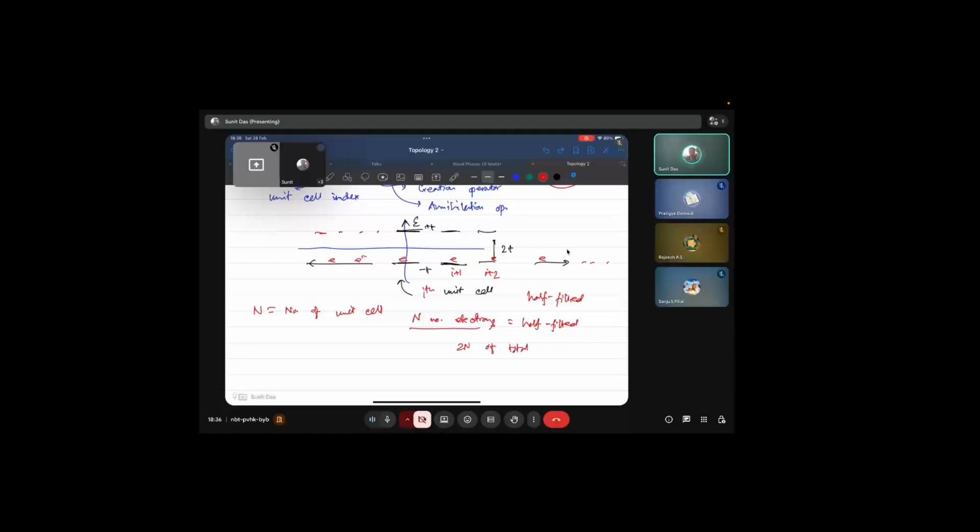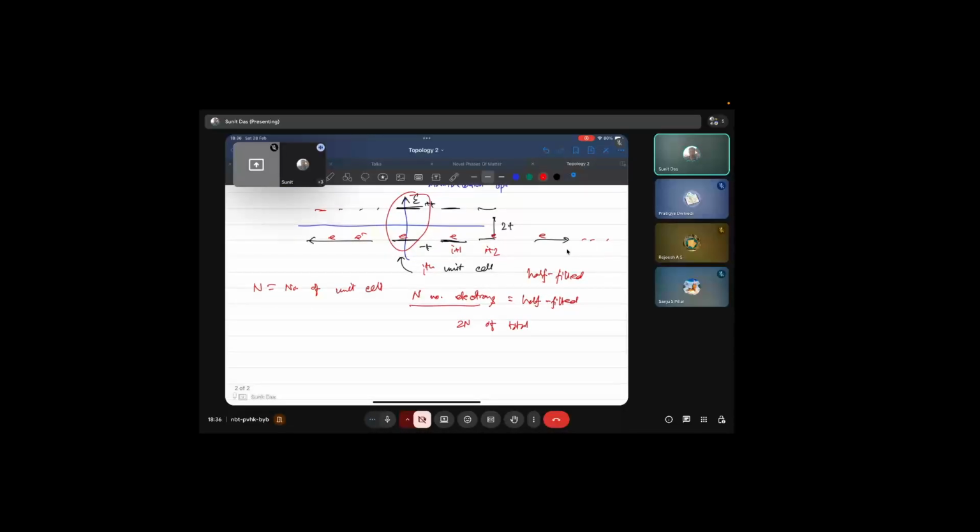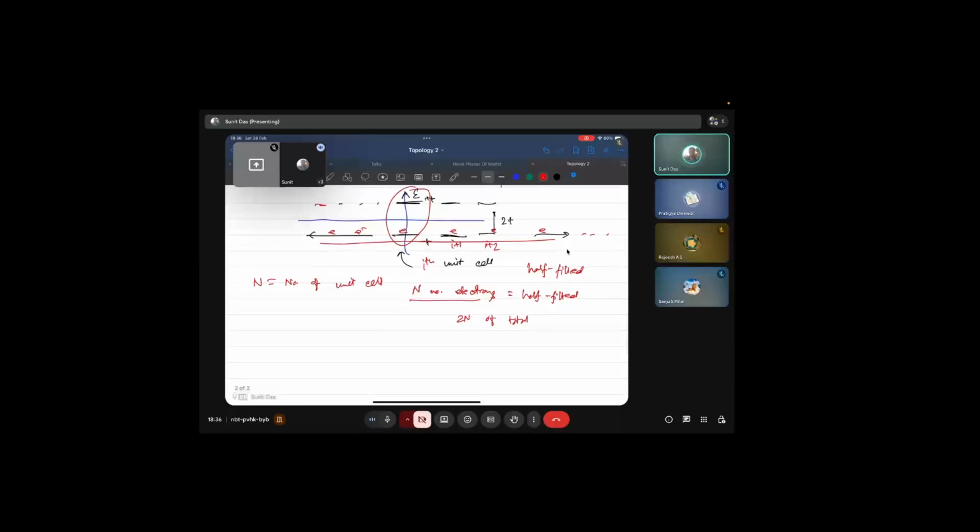So we are assuming that we are having spinless fermions, and there are n unit cells and each unit cell has two energy states. These are the two energy states, and because there are n electrons in the system, they will initially occupy all the low energy states, so all the low energy states here are filled out of 2n total states.